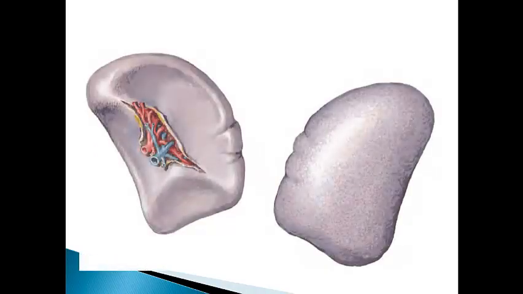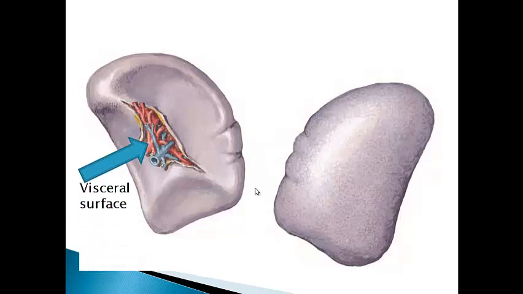Okay, so this is what the spleen looks like. We're actually looking at it from two sides here. The structure of the spleen is that it has two surfaces. One of them, which is usually found on the medial side, the inner side of the body, is called the visceral surface. You can see here that there are all of these irregularities and depressions, and we've got blood vessels coming in here.